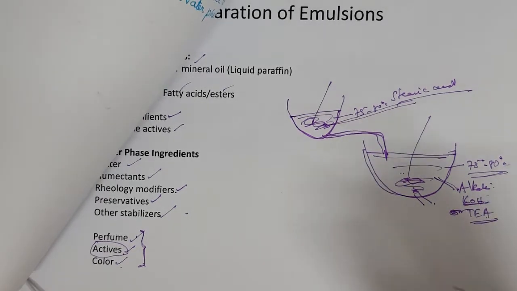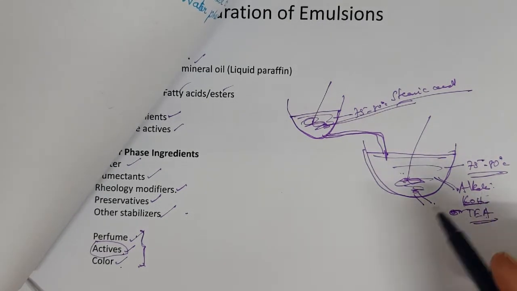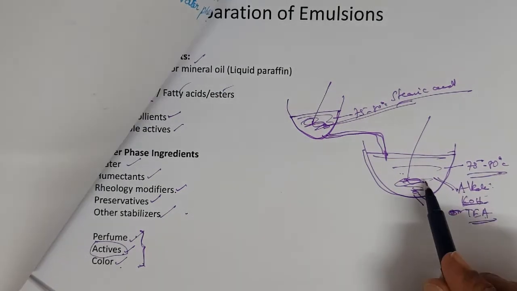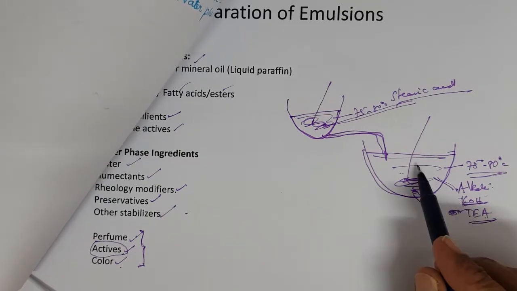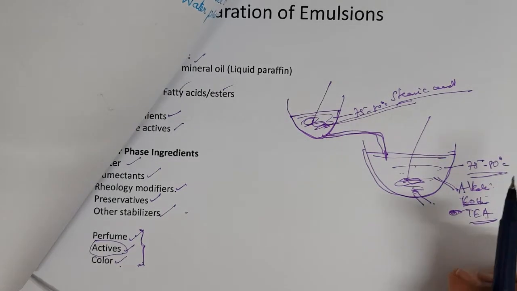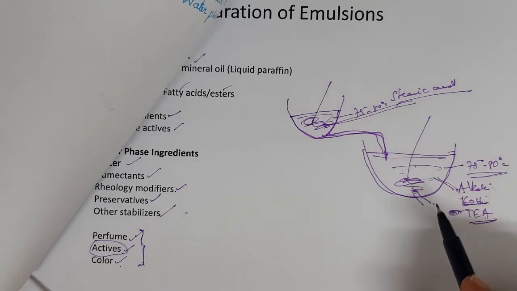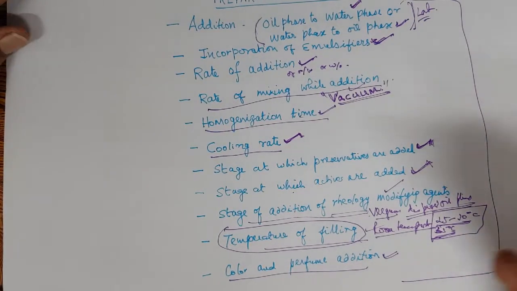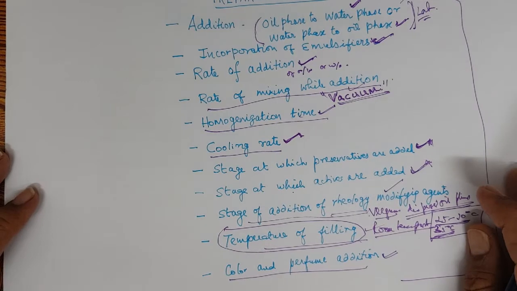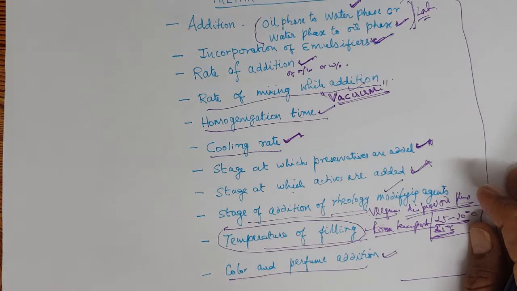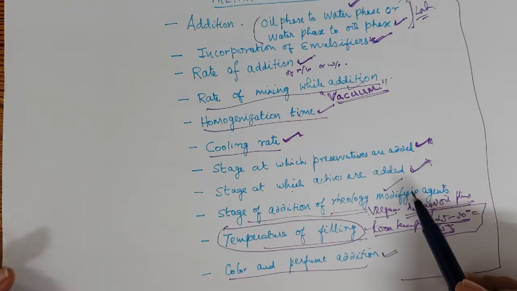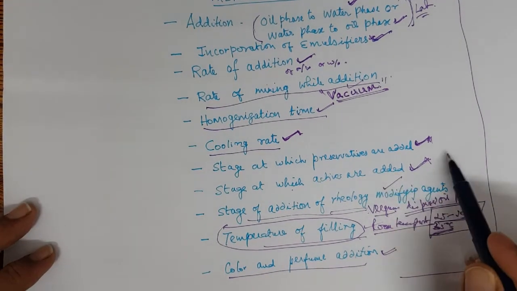An active might be water soluble, but not stable at a high pH. You can't add it in the water phase initially, because in the presence of alkali the active will get degraded. In that case, as soon as the emulsification is over, you can dissolve the active in water, add it to the emulsion and get it into the emulsion. So you have to know at what stage the actives have to be added.